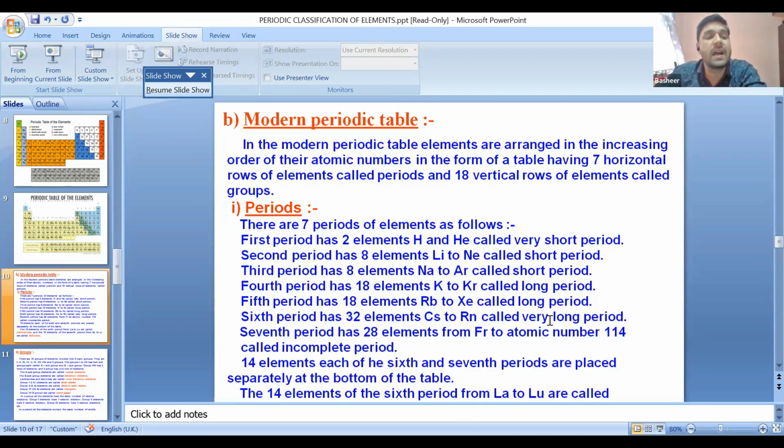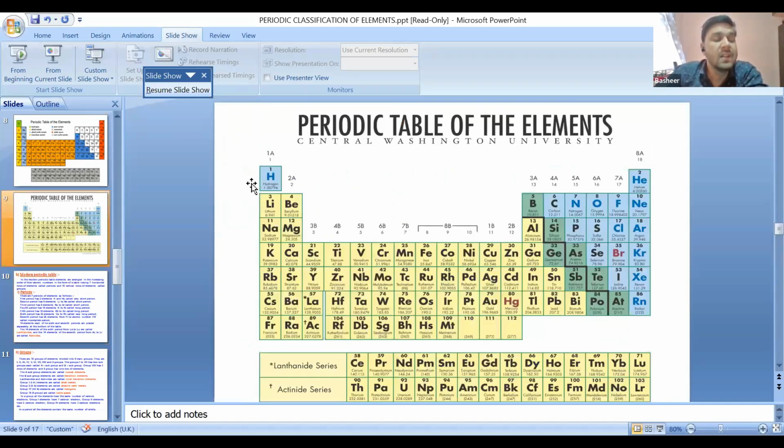The elements are arranged that way, and the shells are also the same. In the K, L, M, N, what are you writing? 2 in the first shell, second shell 8, third shell 8, fourth shell 18, then fifth shell 32. So that method came from this.